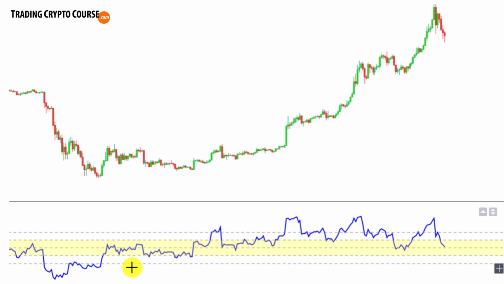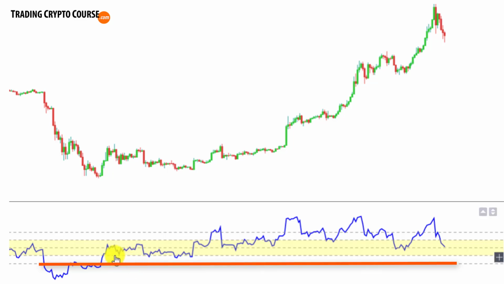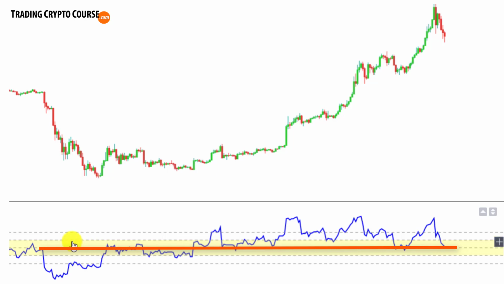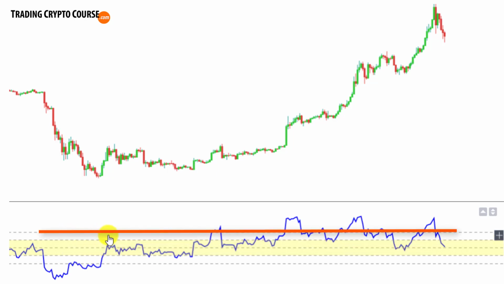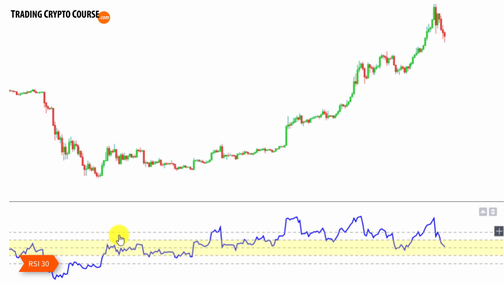As you see, I have installed 1, 2, 3, 4, 5 horizontal lines on the RSI indicator. Most used lines are the outer ones, 30 and 70, and the middle one, 50.